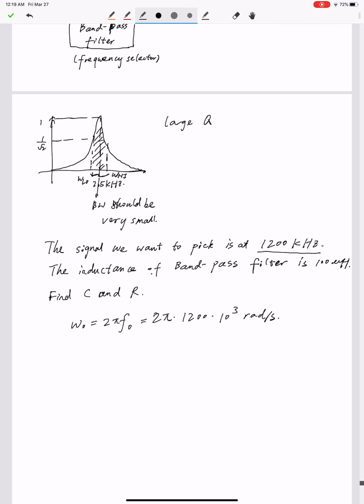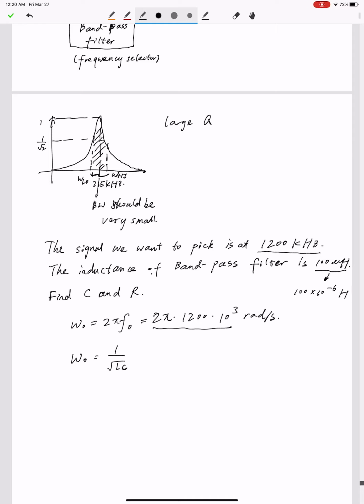And after we have this information, we can find the product of L and C, because omega 0 equals 1 over the square root of LC, right? And we can plug in omega 0 and the inductance of 100 microhenry. But remember, when you use 100 microhenry, you need to convert this to the base unit, which is 100 times 10 to the power of minus 6 henry.